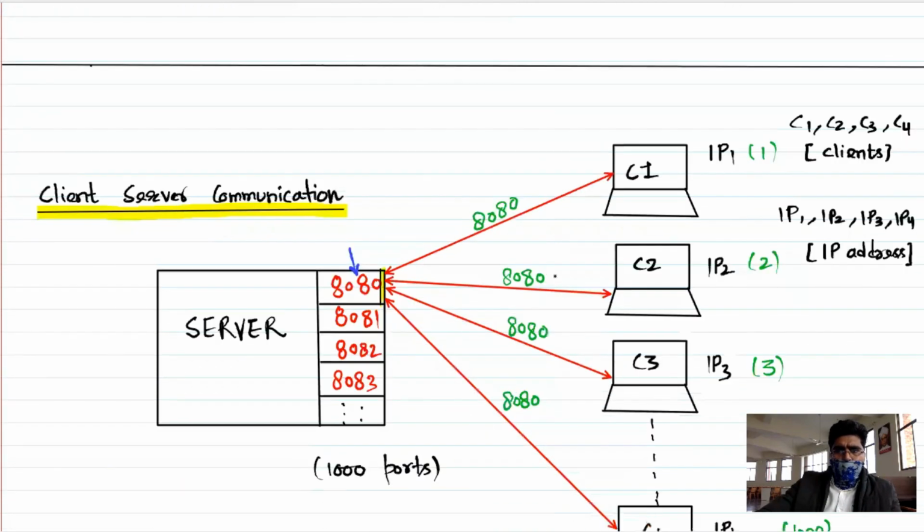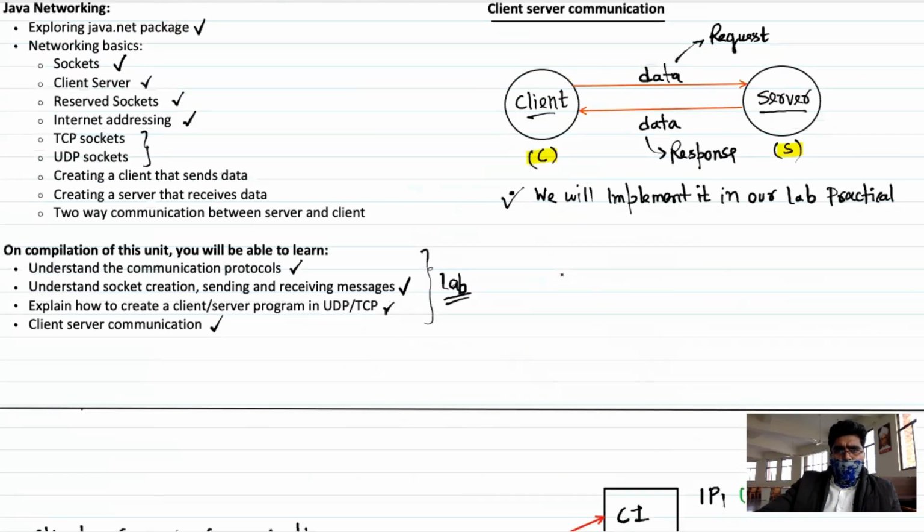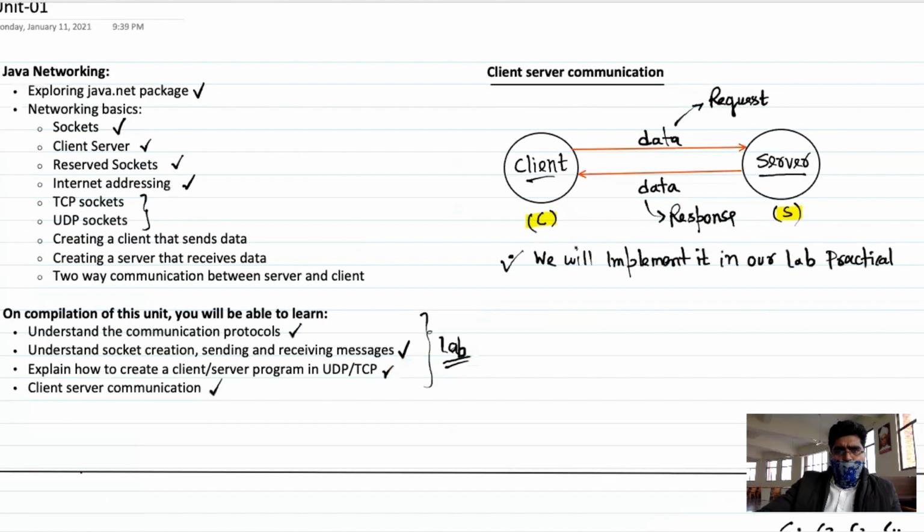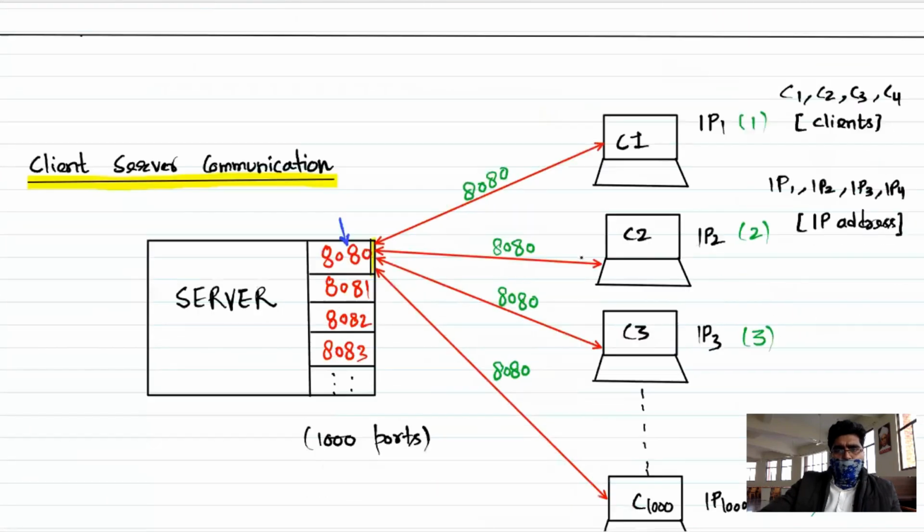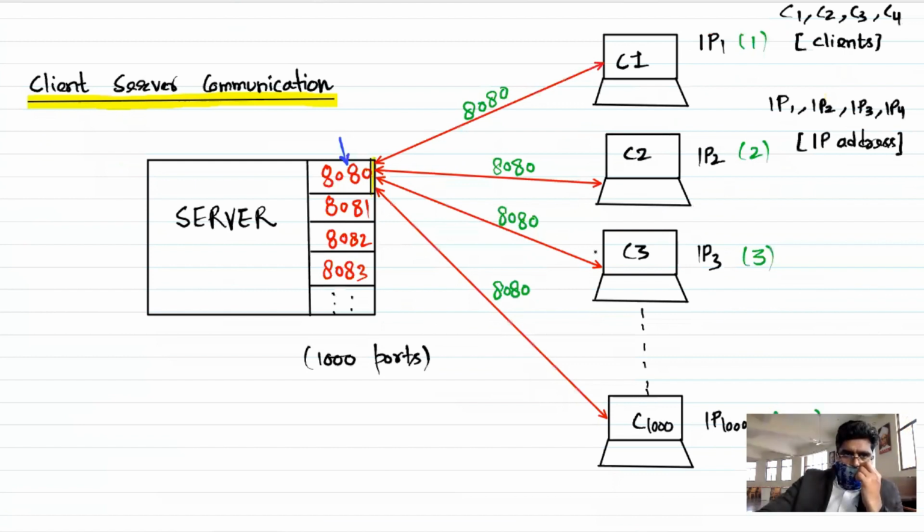Let's move on to more detail about client and server communication. Let's say we have a server called S1. If you are not aware, in a server we have different types of ports. Let's say we have port 8080, and we have many such ports in a server.